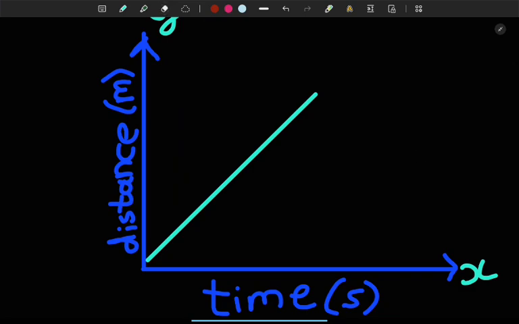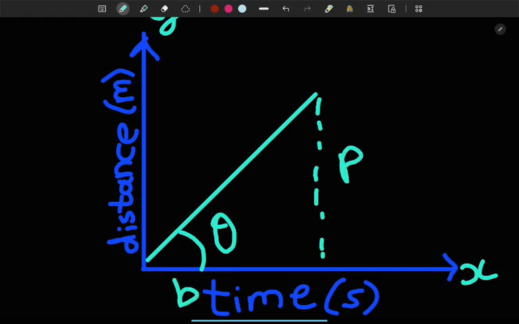If we take this as the angle theta, then the slope is the same as tan theta. If I extend it, then tan theta is equal to perpendicular upon base.